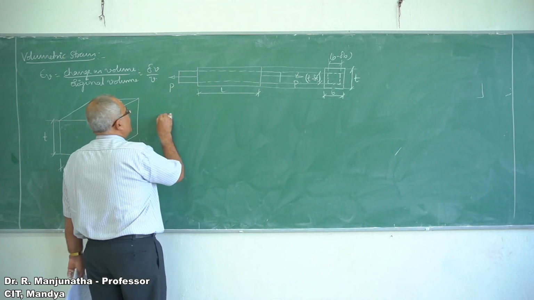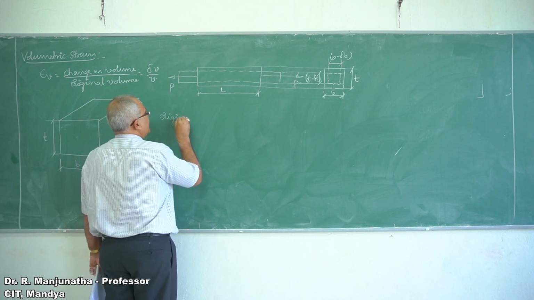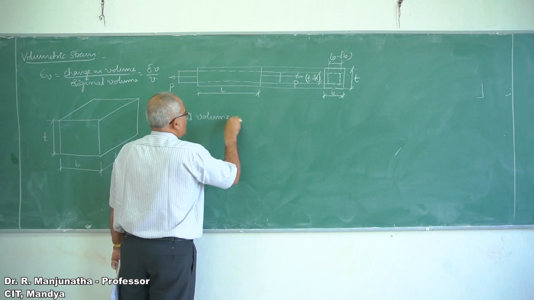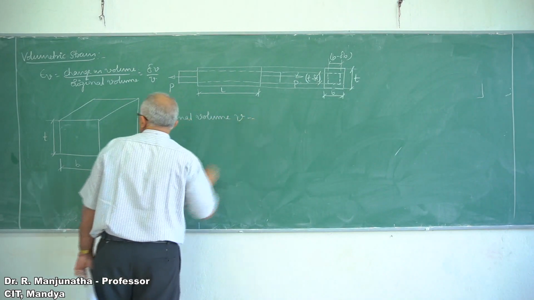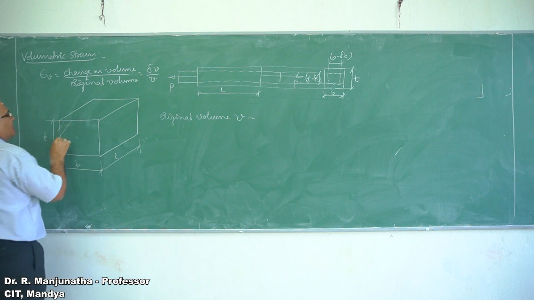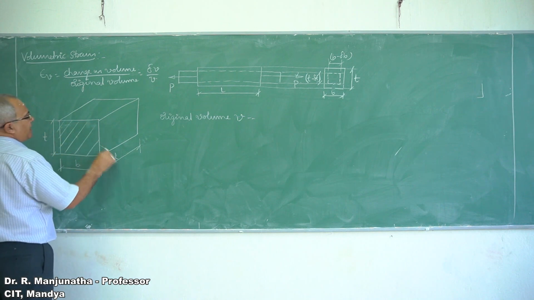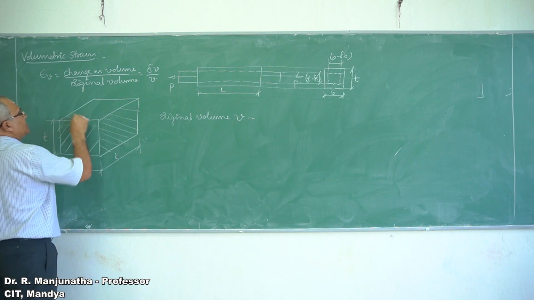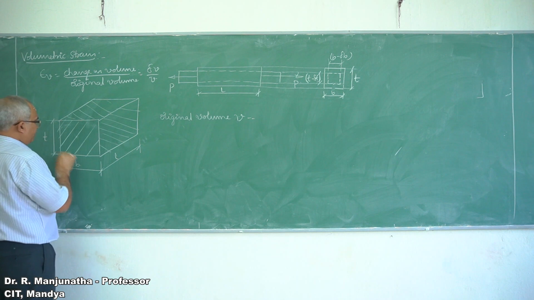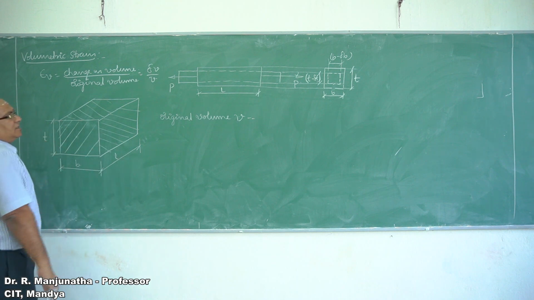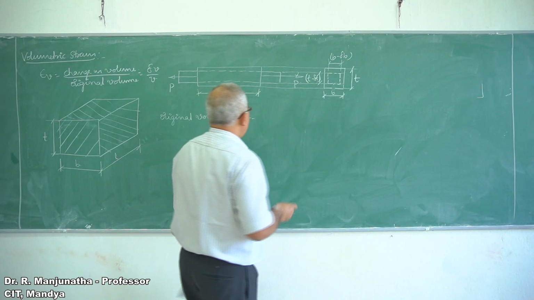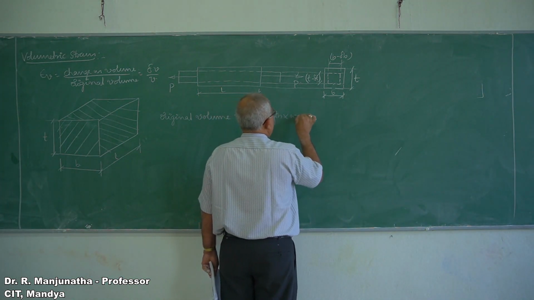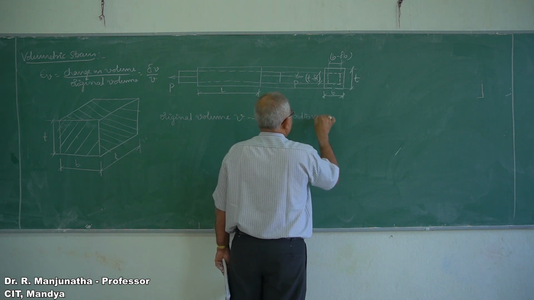Original volume is the length into breadth into thickness. What is the original volume? It is the space occupied by the member, the entire cross section, which is length into width into thickness.